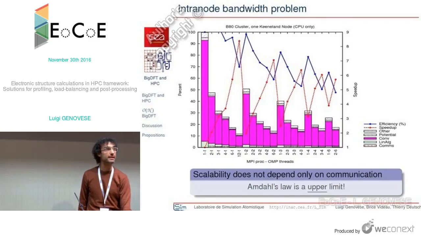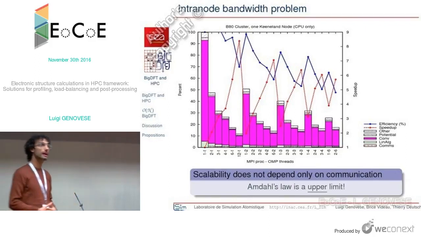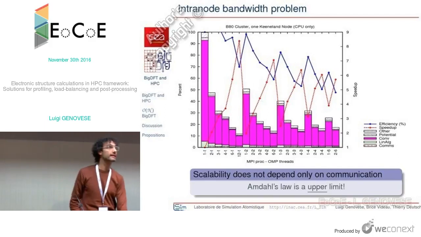In these histograms I showed the wall time spent in different runs of BigDFT by increasing the number of MPI tasks on my calculation nodes. The amount of time spent in communication is negligible with respect to the overall time.